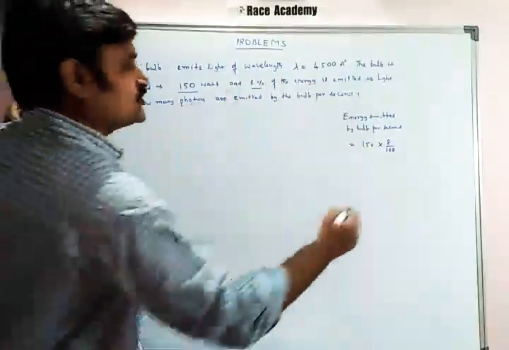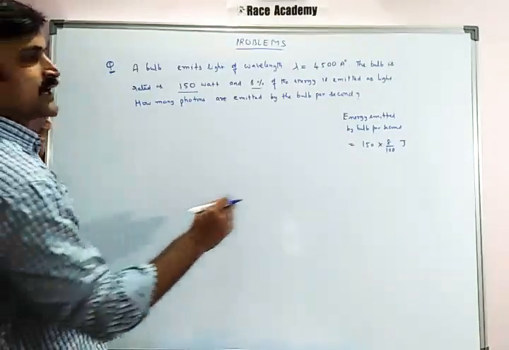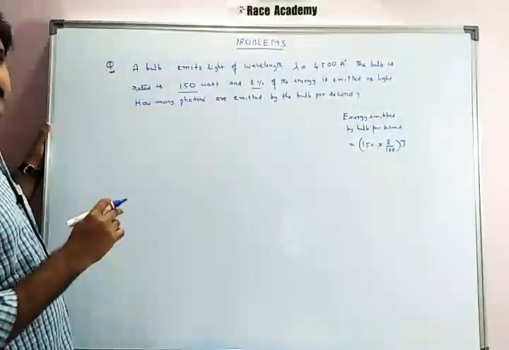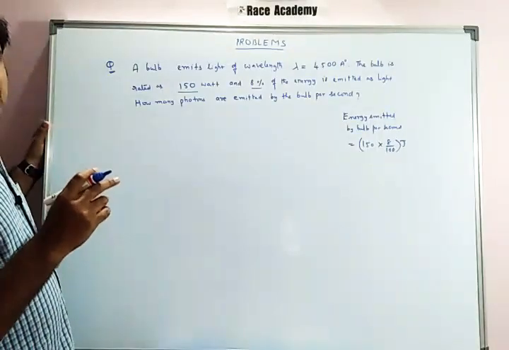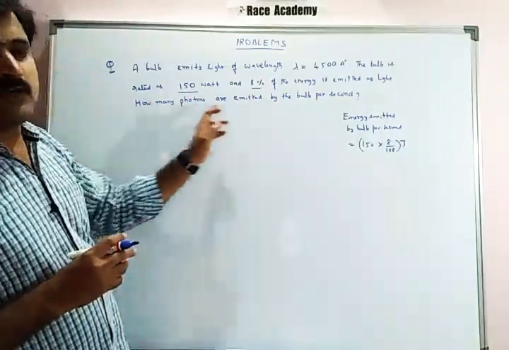This is in joules per second. So this value is the energy, and using this value we can find the number of photons.